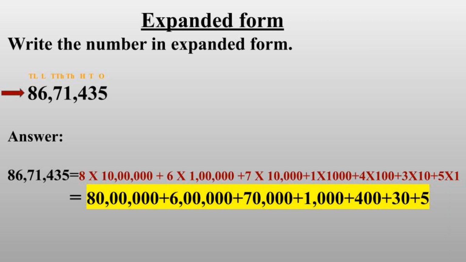In the next step, multiply and the answer is 80 lakh plus 6 lakh plus 70,000 plus 1,000 plus 400 plus 30 plus 5. This is the expanded form. Hence we find the answer.